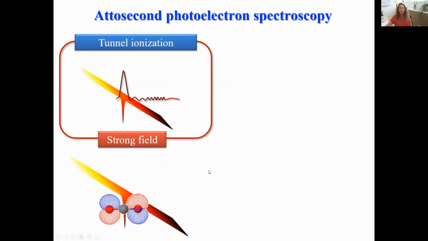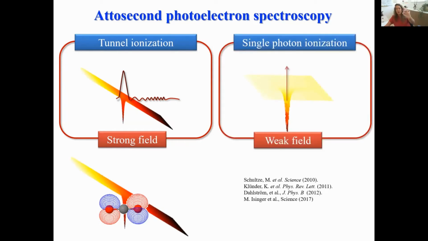Okay, so far we have induced subcycle gating to manipulate and probe strong field phenomena such as field-induced tunneling. In the next experiment, we will go from the strong field regime into the completely other regime, the weak field one. Let's look at one of the most basic quantum mechanical phenomena, which is photoionization, already introduced in this meeting.